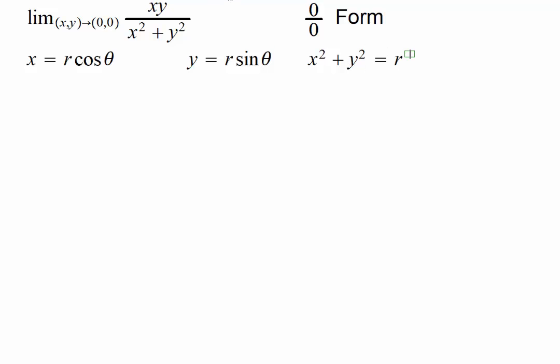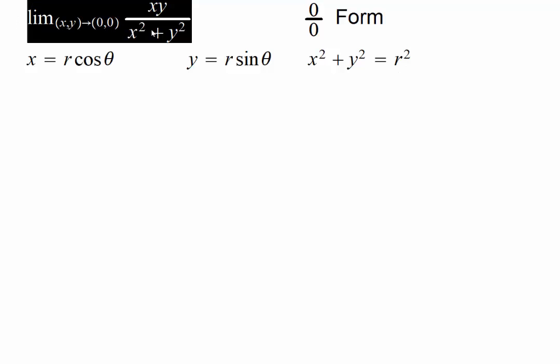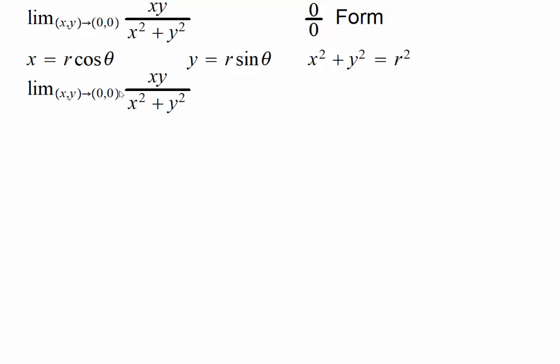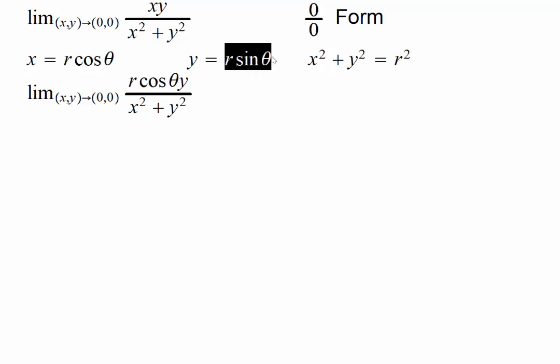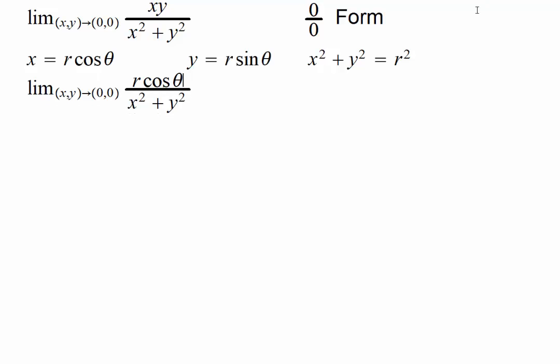And in this case, if we substitute these values, x can be replaced by r cosine theta, then y can be replaced by r sine theta, right?